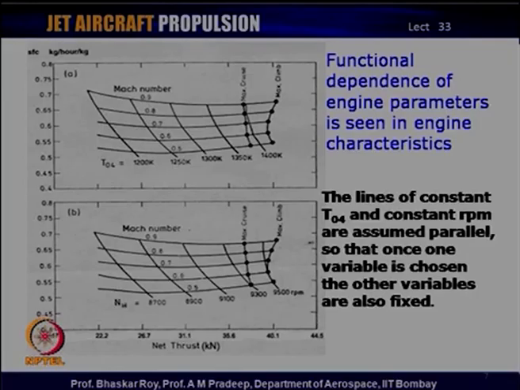So, diagrammatically it is shown here that the fundamental parameters that we are talking about essentially influence each other, and in this diagram it is captured together in one characteristic plot. So, the functional dependence of the engine parameters can be captured with a few simplifying assumptions.